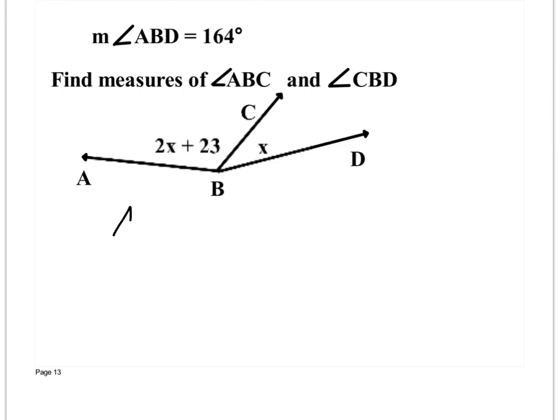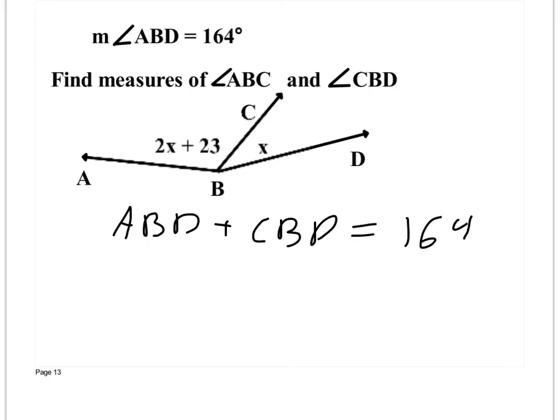So I'm going to write ABC plus CBD equals 164, because when you add them up, this angle and that angle, it's a total of 164 degrees.